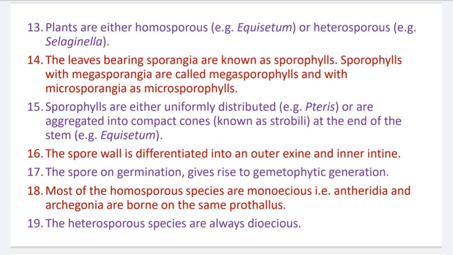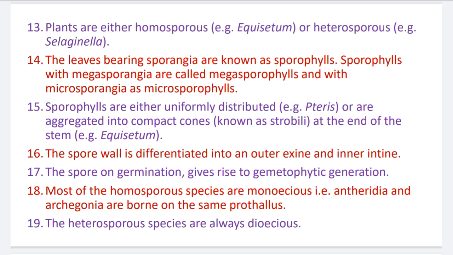Number 16. The spore wall is differentiated into an outer exine and inner intine. Number 17. The spore on germination gives rise to the gametophytic generation. When the spores develop in the sporangia and mature, the sporangia burst.